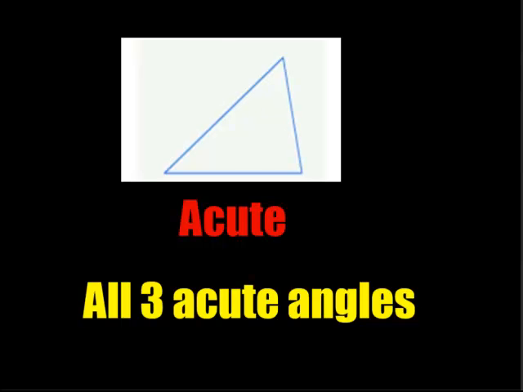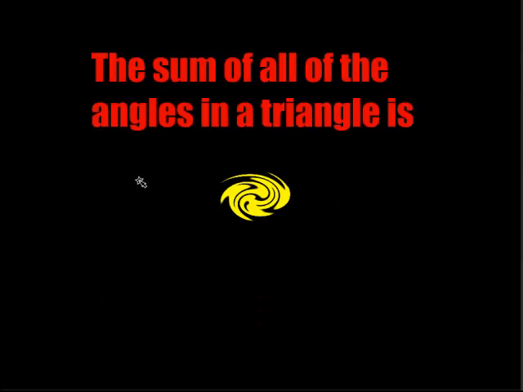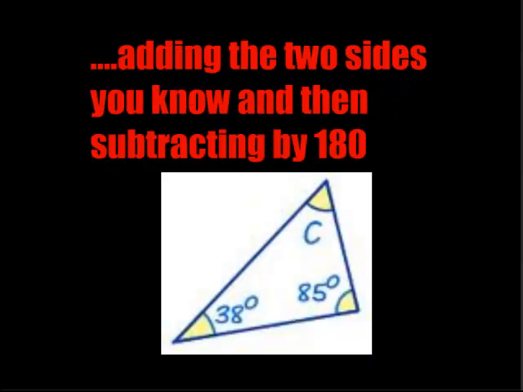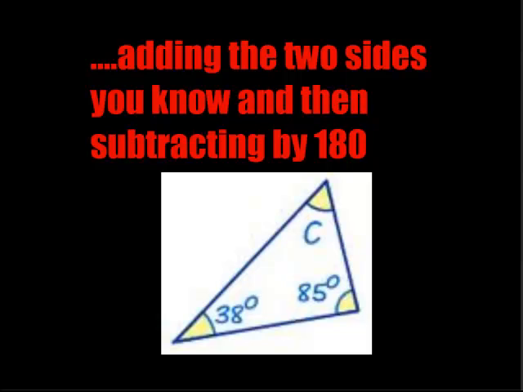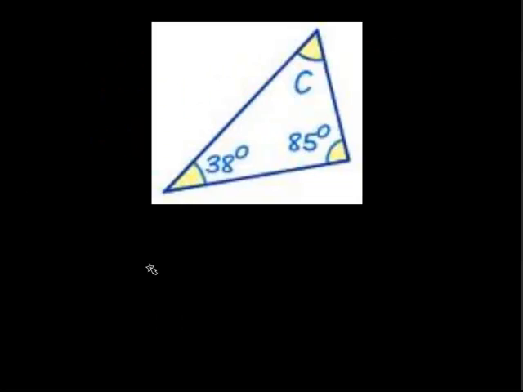If you didn't already know, a triangle has 180 degrees inside it. So with that being said, if you are given two angles, you can find the third missing angle by adding the two that you do know and subtracting from 180.